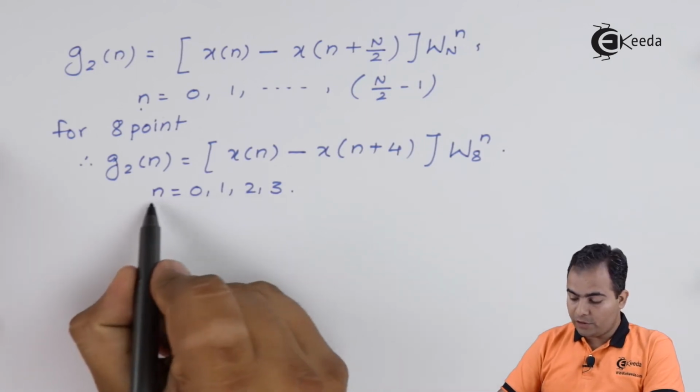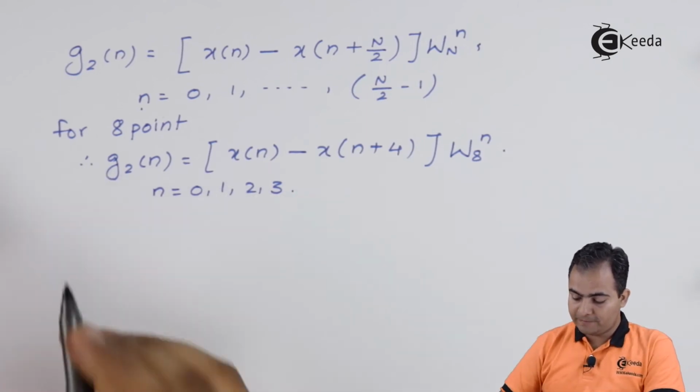Now we will substitute all my n values in my g2 of n equation.